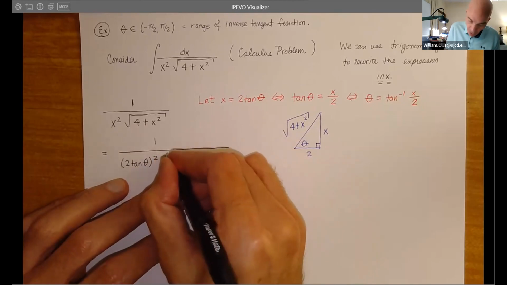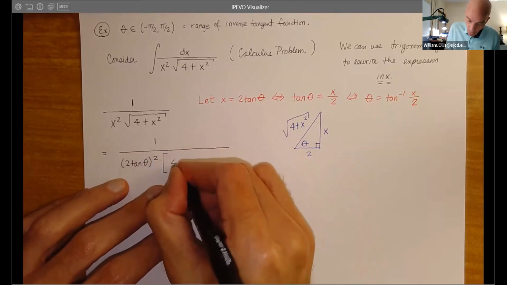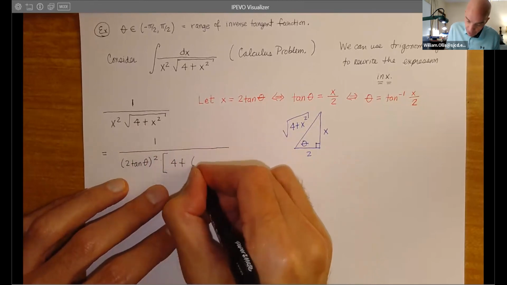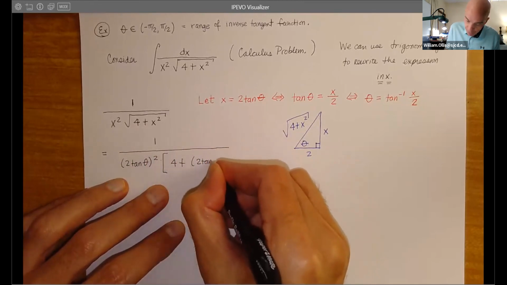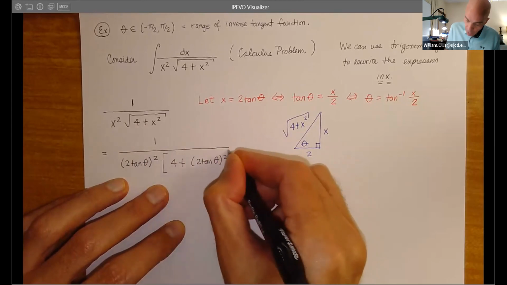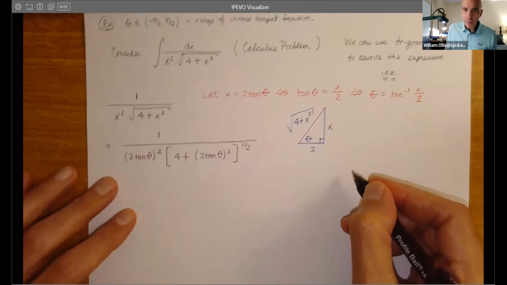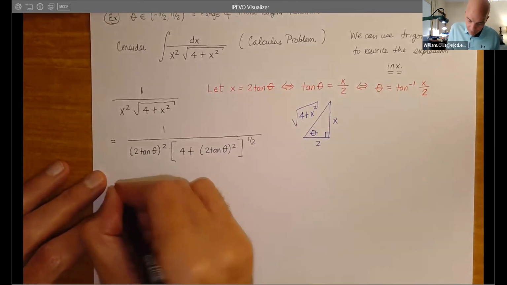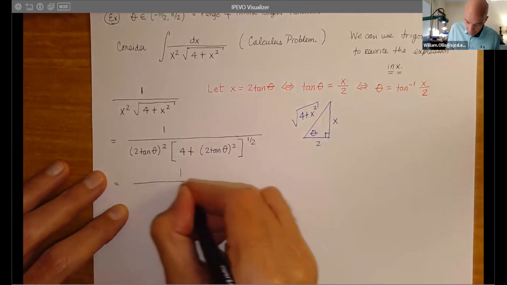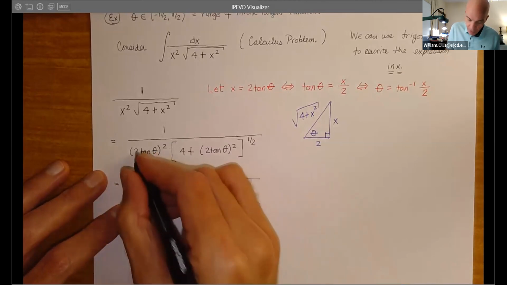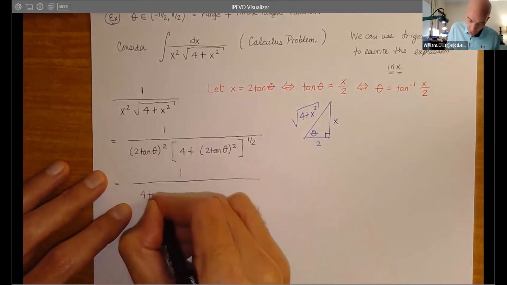And then I'll write the radical with the 1/2. So we have 4 plus 2 tangent theta quantity squared to the 1/2. Okay? So now, well, this is going to be 4 tangent squared.